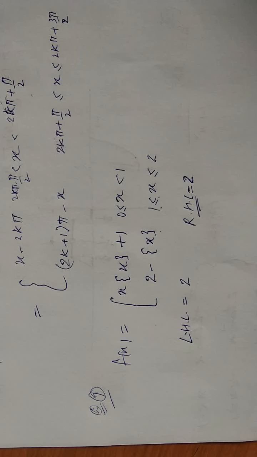Okay. Moving on to the next question, question number 8. Which of the following functions is continuous everywhere in its domain but has at least one point where it is not differentiable?